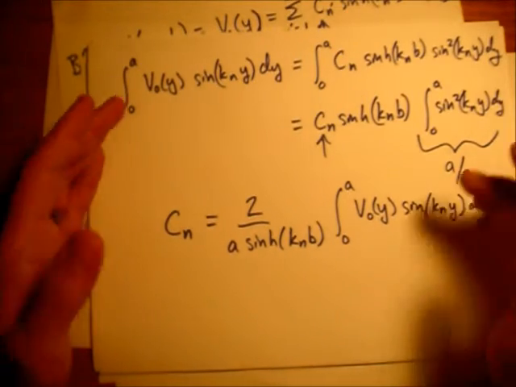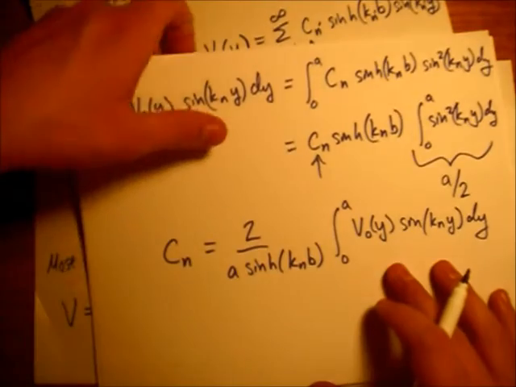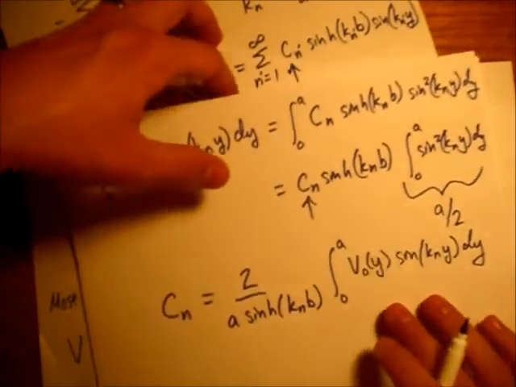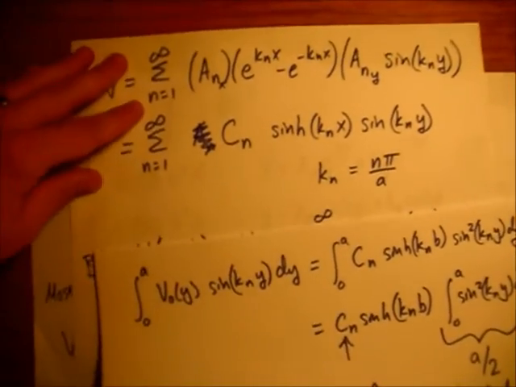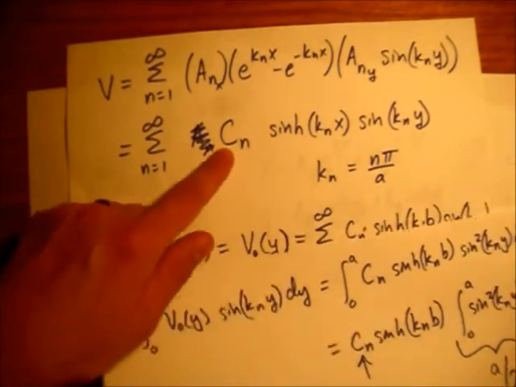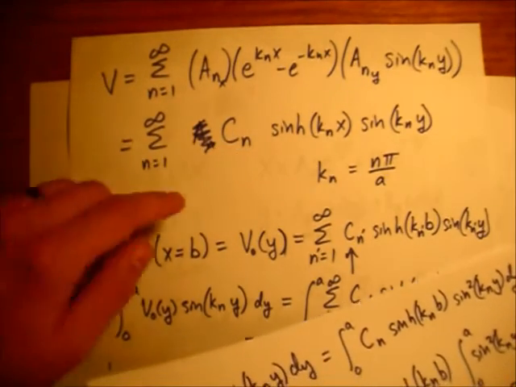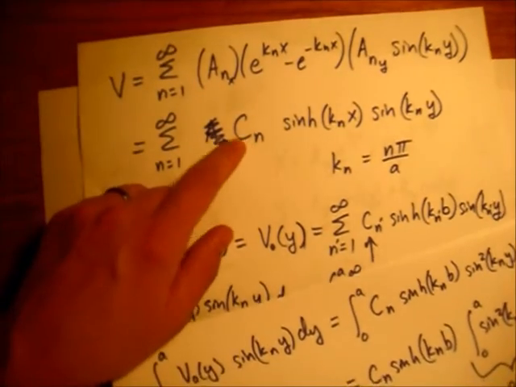So what we've just done is solved for this coefficient. Back when we were asking the question of our potential, we wanted to know what coefficients to plug in every time we see this, the part of the potential that we don't know.